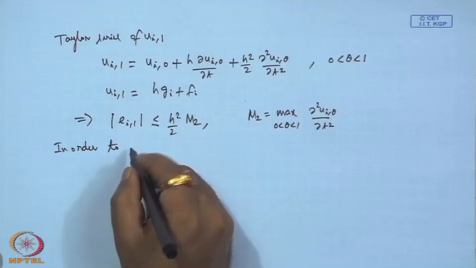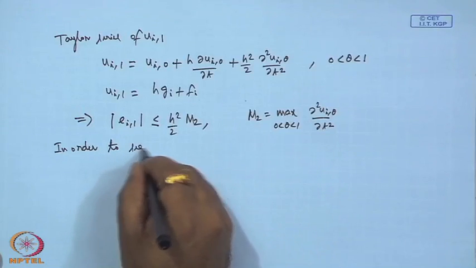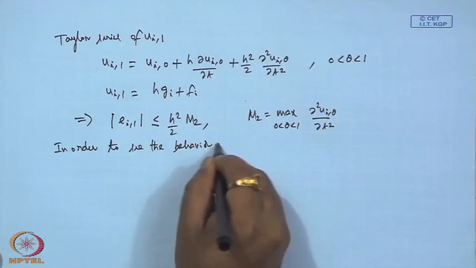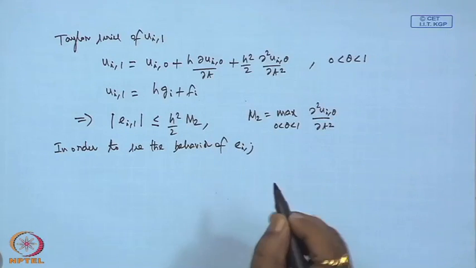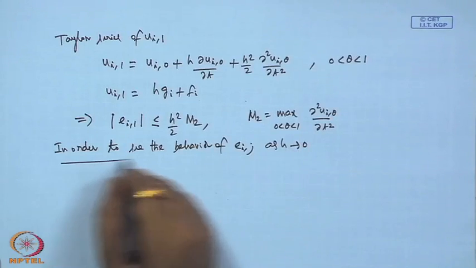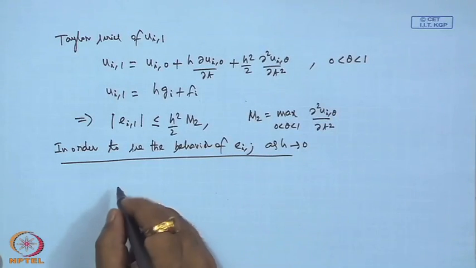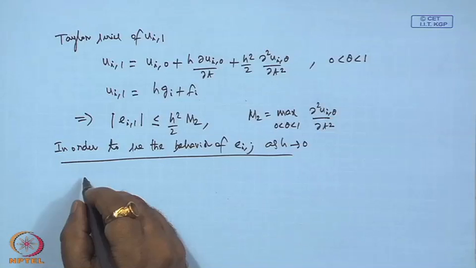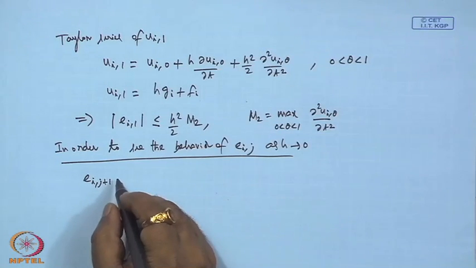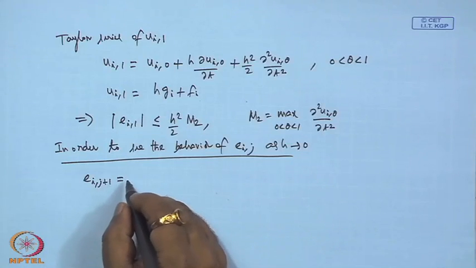However, in order to see the behavior of E I j as h goes to 0, what we do, we compute E I j plus 1.